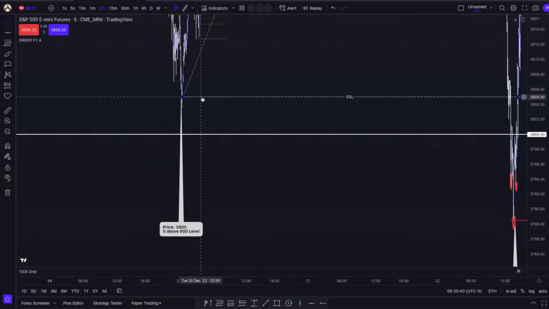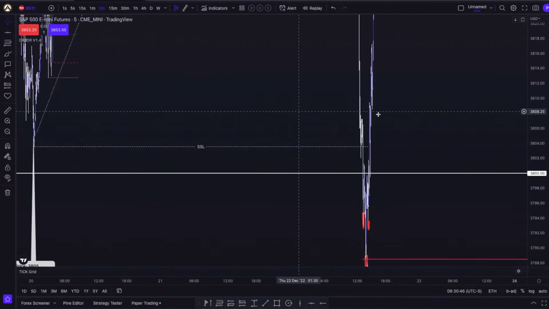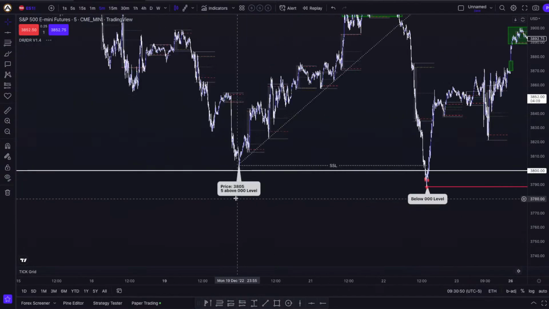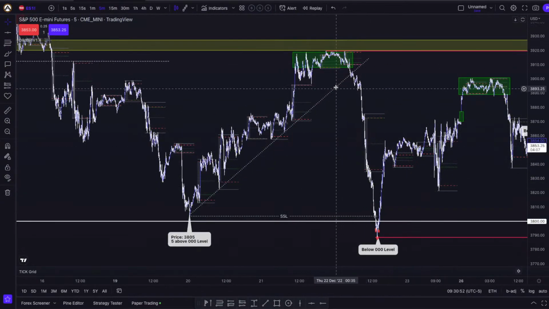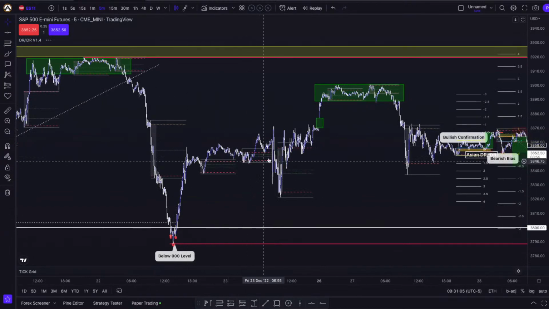Oh, hang on, let me actually move this further down to the actual low right here on December the 20th, on Tuesday. So this was a beautiful play, both the short, this pump and dump basically, this escalator up, elevator down movement with a beautiful inverted head and shoulder pattern below a 000 level and below sell side liquidity for a continuation move up.